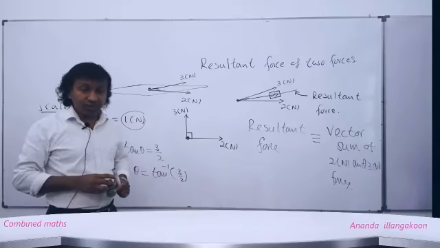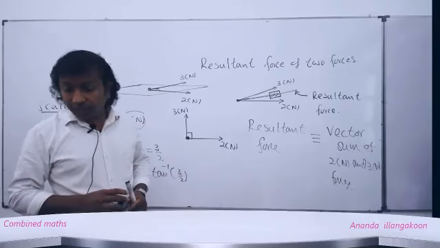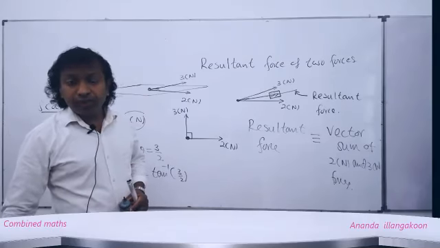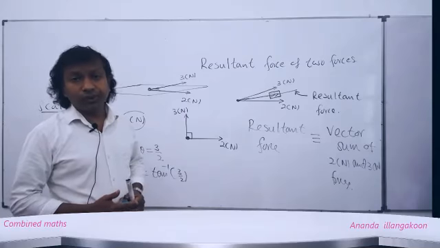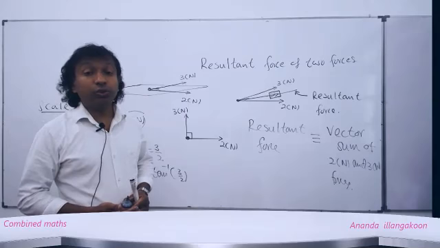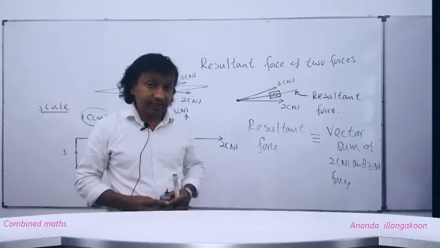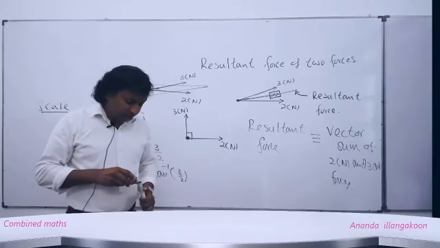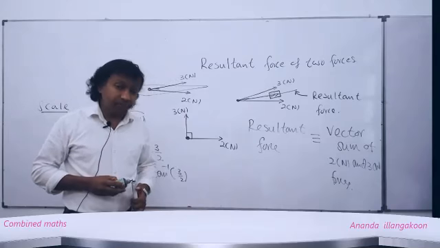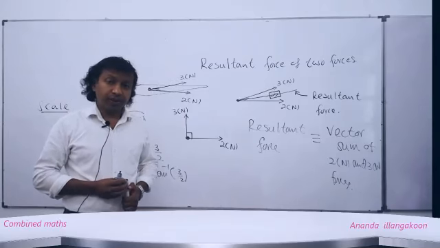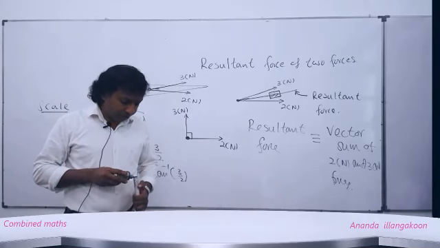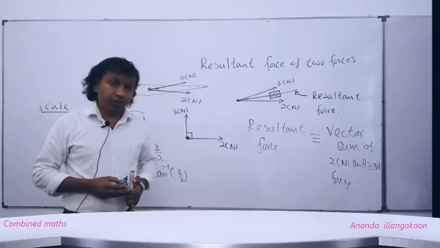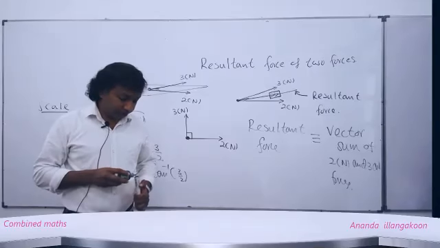Now, this we find in the resultant force, not only for forces, but this is true for any two vectors. You know, there are infinitely many vectors around us. For example, when we consider velocity, velocity is also a vector, right?